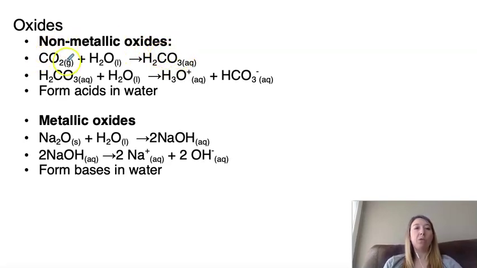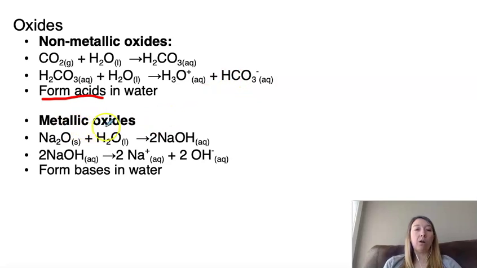So if I combine CO2 with H2O, I'm going to make H2CO3. And that's carbonic acid. So what I need to recognize is that non-metallic oxides form acids when we place them into solution, right? And as soon as I form that carbonic acid, it's going to be able to ionize in the water and produce hydronium and that hydrogen carbonate ion.